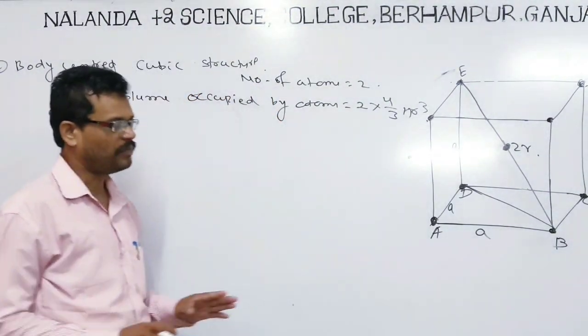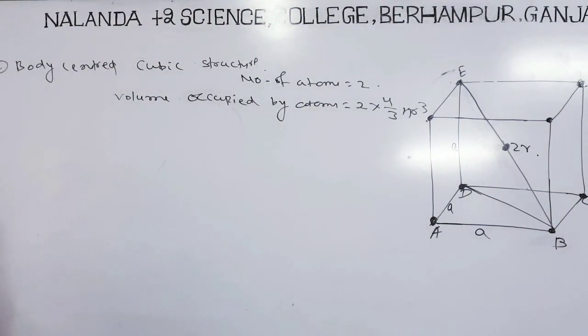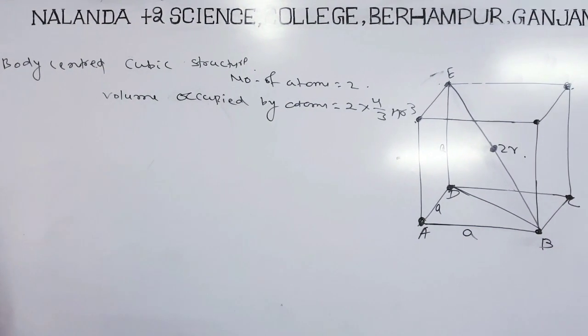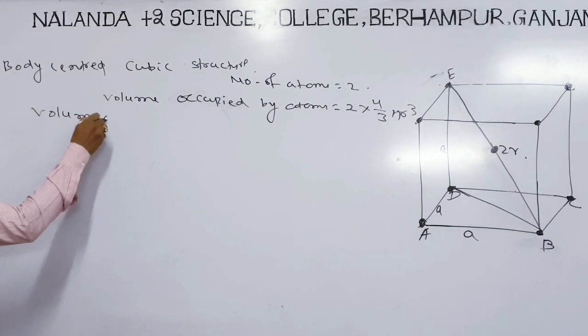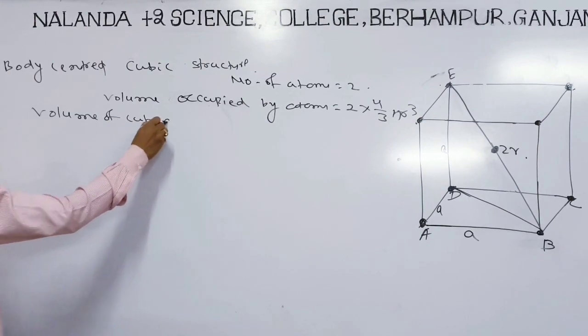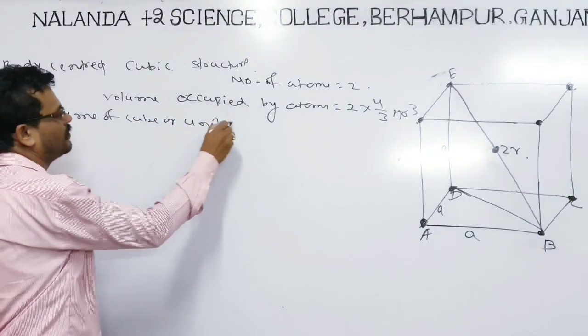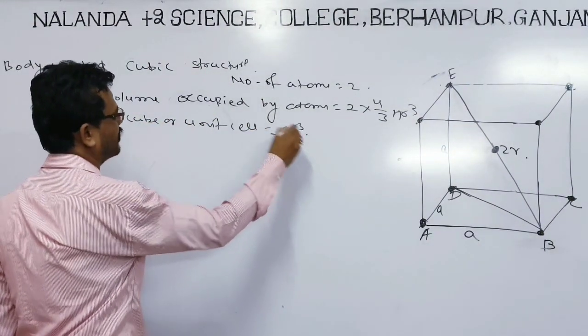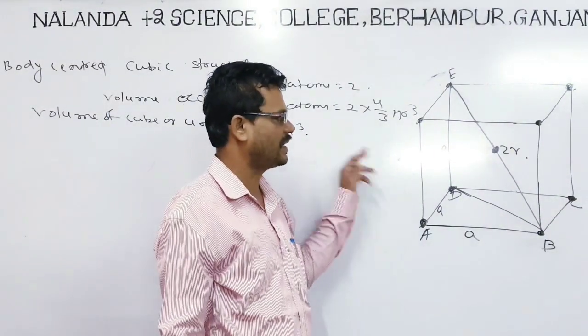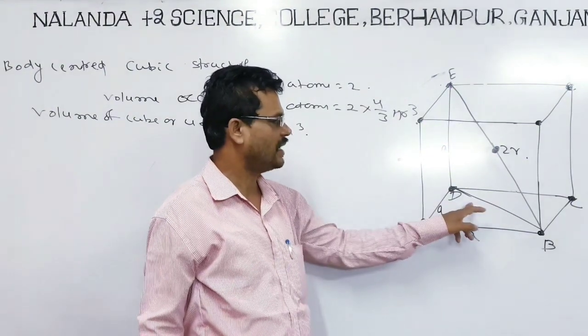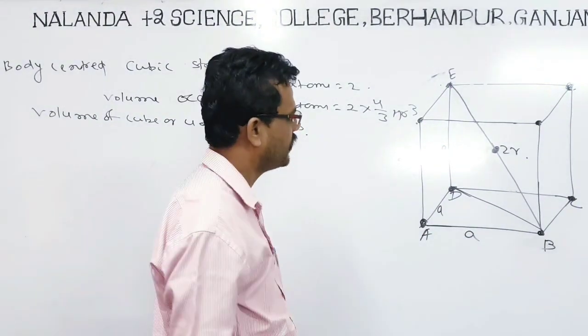Now we have to find the volume of the cube, or unit cell, which is equal to a cube, the edge length cubed. So to find the edge length a, let us take triangle BDE.